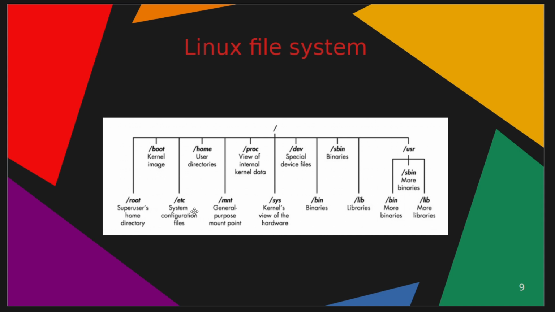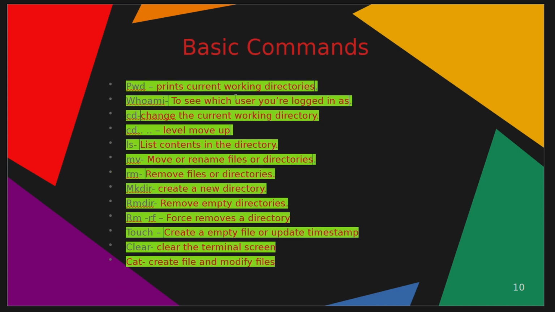Root is the super user's home directory. etc holds the system configuration files. bin, sbin and lib hold libraries and all the executable files, and there are many more directories.